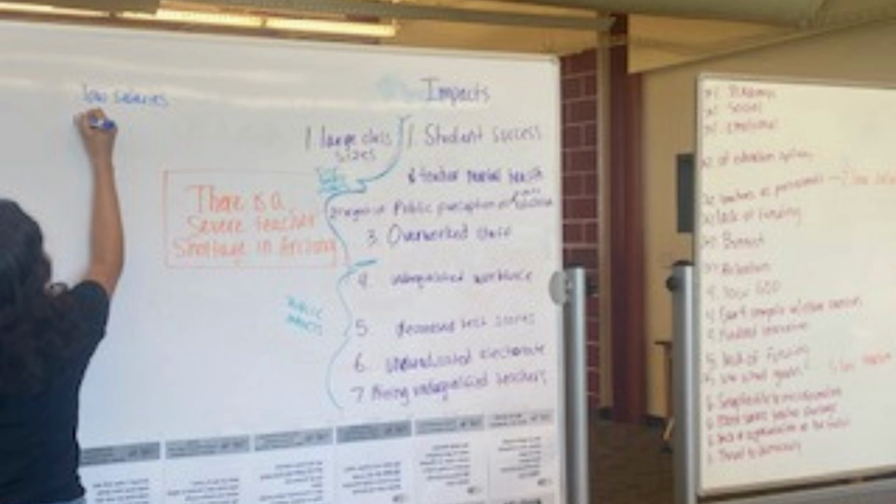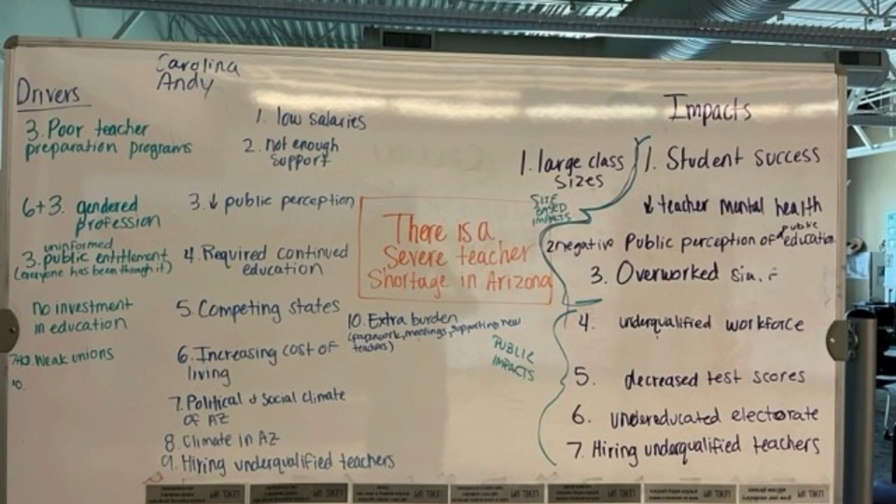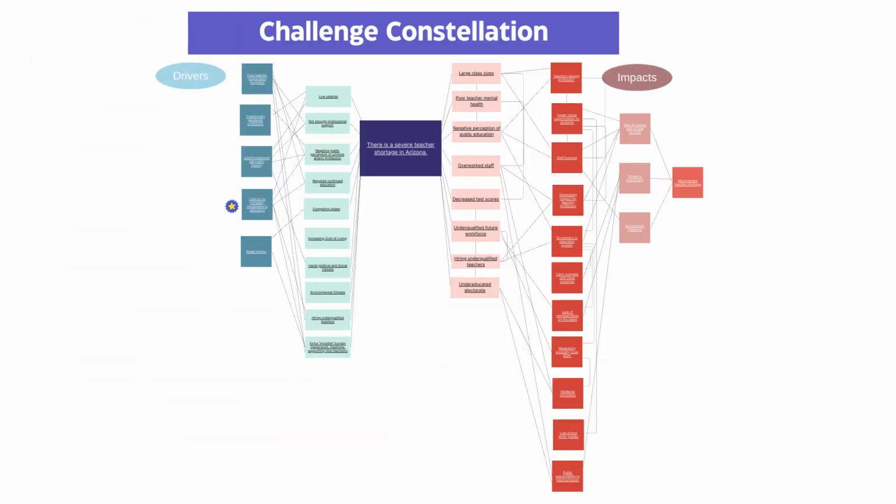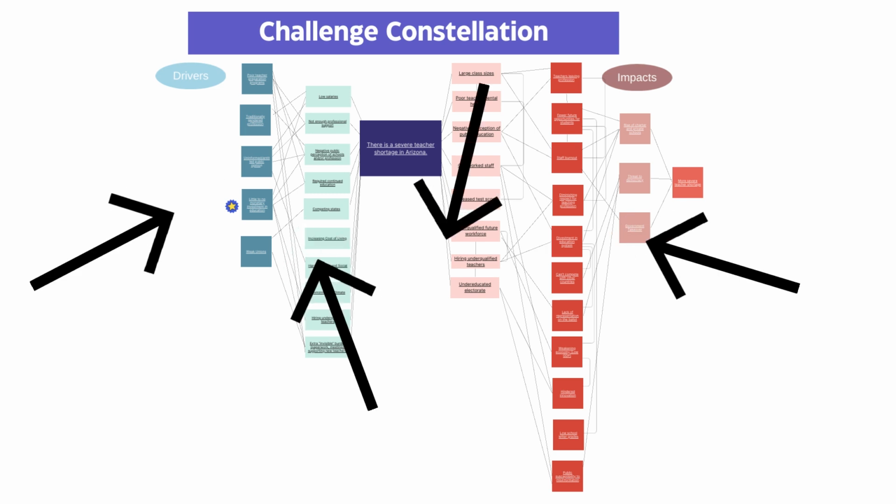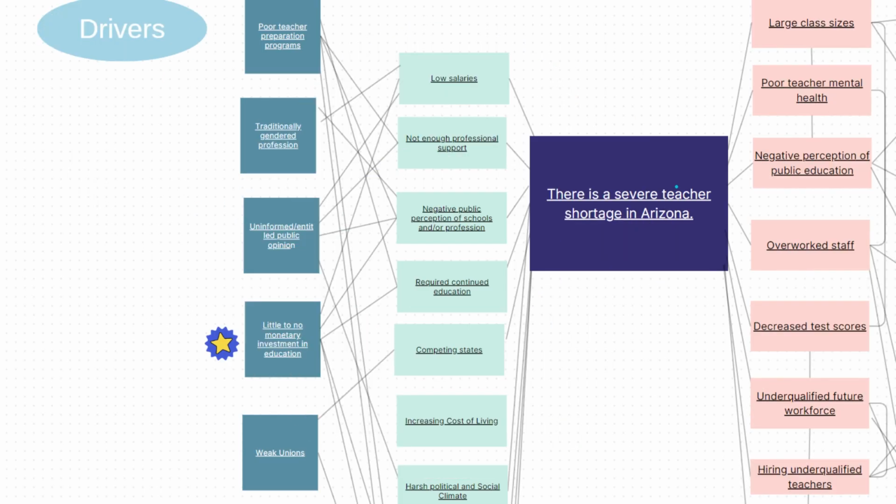It's also helpful to use a whiteboard or paper and pencil to create drafts of your challenge constellation. You might find that as you do this, some things can be both impacts and drivers. Your arrows might start to go in multiple directions. This is normal. These problems are often really complicated. Try your best to keep your graphic as organized as possible.